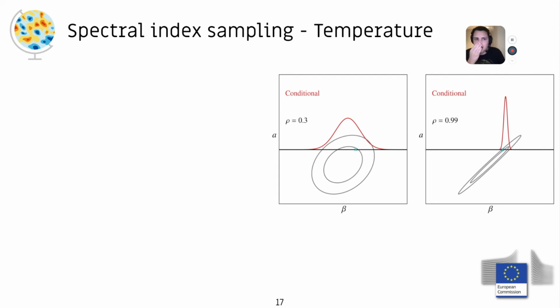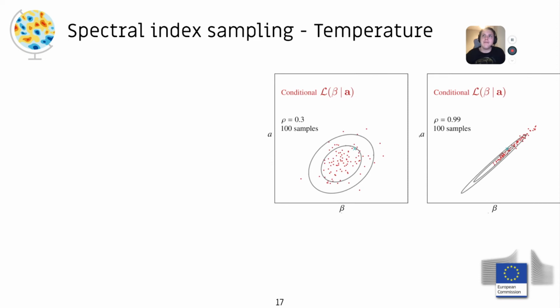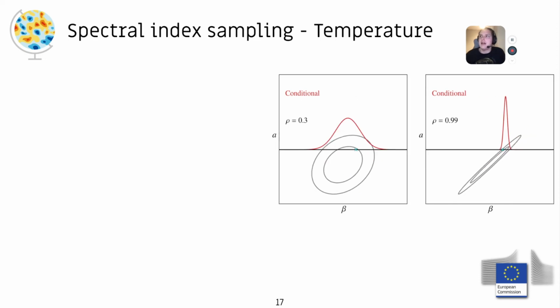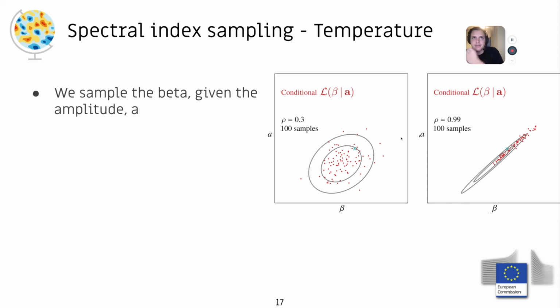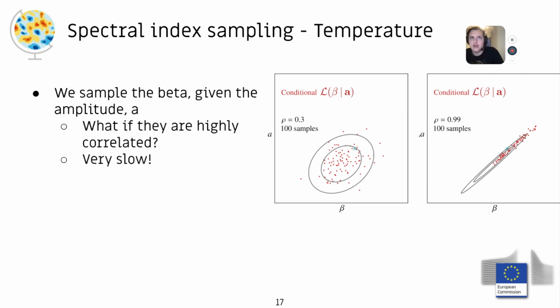So on the right, you see how, if we sample directly from the conditional, we get a distribution around this point here, which after 100 samples is not what we want. We would like it to be scattered around the true distribution. So we sample the beta given the amplitude A, and if they're highly correlated, it's very slow.